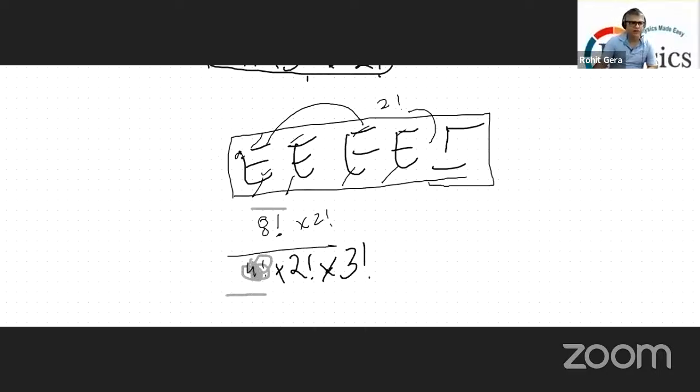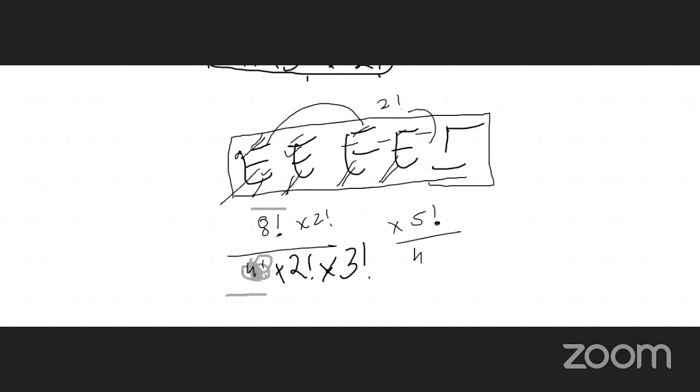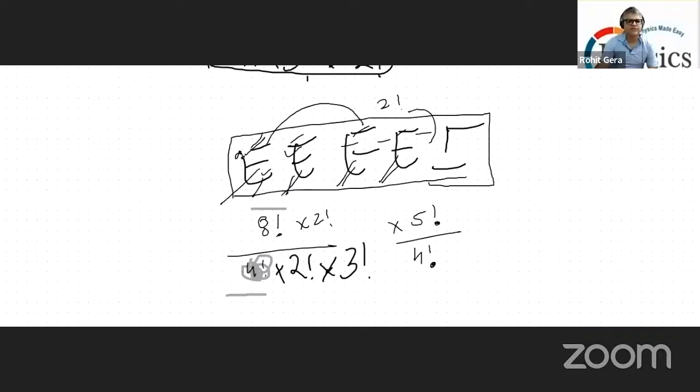Now the second block. The second block has 5 places, right? 1, 2, 3, 4, 5. And repetitions are these many. And 2 is the way we can write between them. So total 5 is 5 factorial. Repetition is 4. And between E and I, you can write in 2 ways.